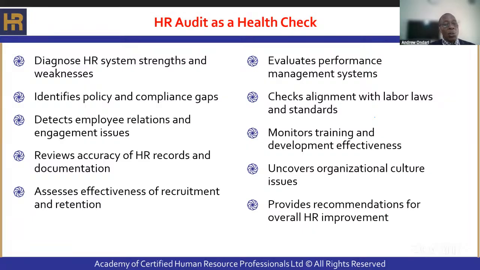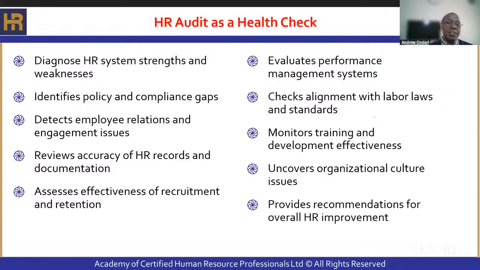So through HR audit, we are going to assess the health of our relationships in our organizations and take remedial measures so that there is a good working relationship between the managers and the employees.